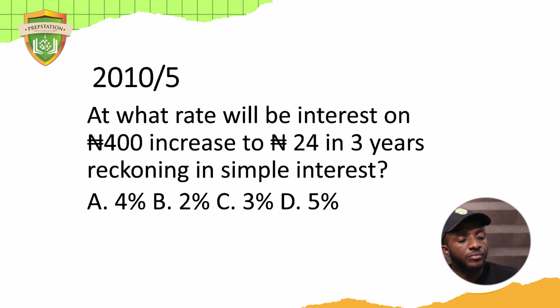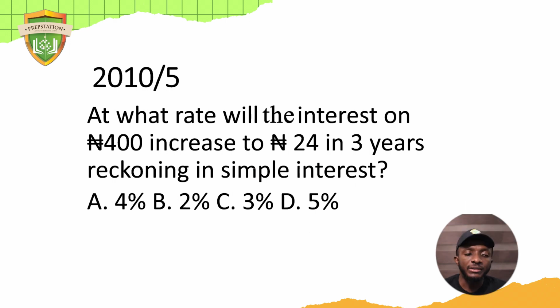Next question. We have same 2010, number 5. At what rate will the interest on 400 naira increase to 24 naira in 3 years, reckoning in simple interest? So now this is a simple interest question.